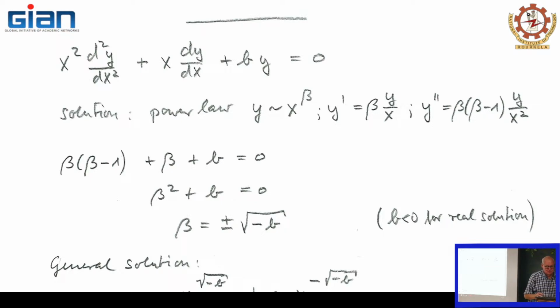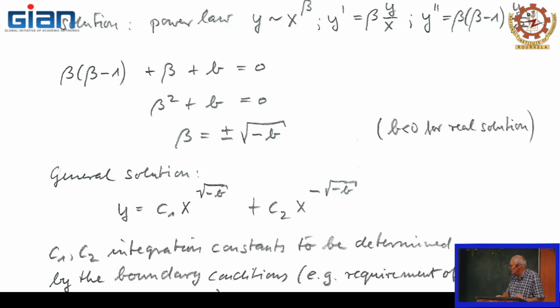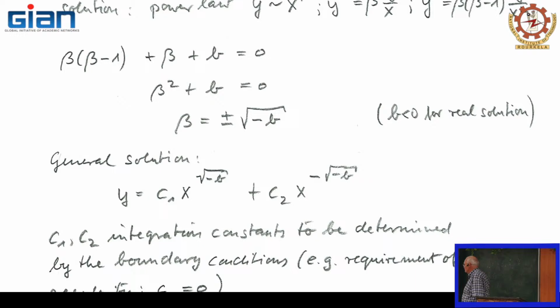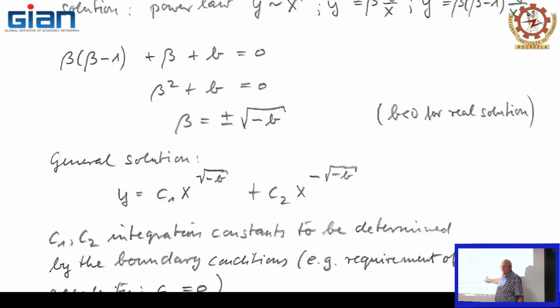Okay, how do we do this? In that case, we have the general form. Well, of course, obviously, that one diverges for x equals 0, and this remains regular. We have two fundamental solutions. One of them is well behaved, and the other one diverges. So we would not like to have this solution.